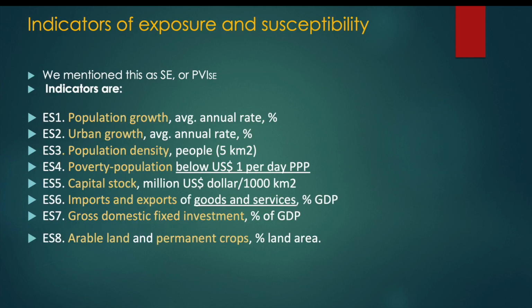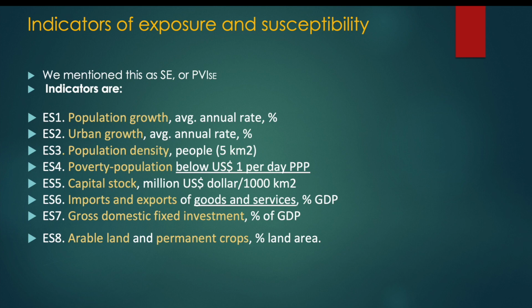So in terms of the first criteria, the indicators of exposure and susceptibility. In case of PVIES, exposure and physical susceptibility, the indicators represent susceptible population, assets, investment, production, livelihoods, essential patrimony, and human activities. Other indicators are also relevant to this set of indicators. Here ES means exposure and susceptibility.